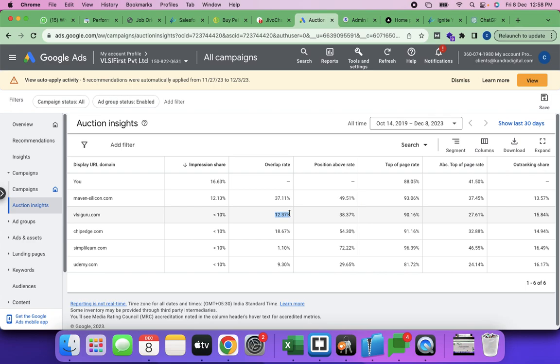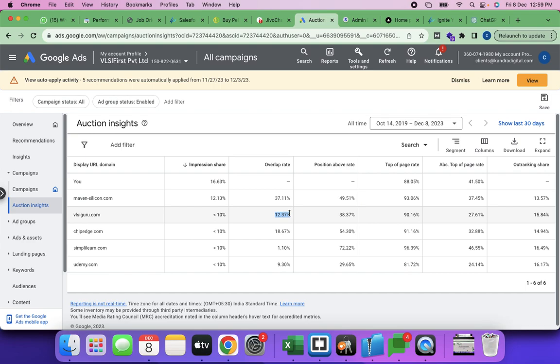VLSI first. These are clients. We are not spending aggressively for them now because they get lots of views organically, or Google shows them for various kinds of keywords. See, their website is completely new as compared to all of these. Mammoth Silicon is so old, and it's not necessarily about being old.